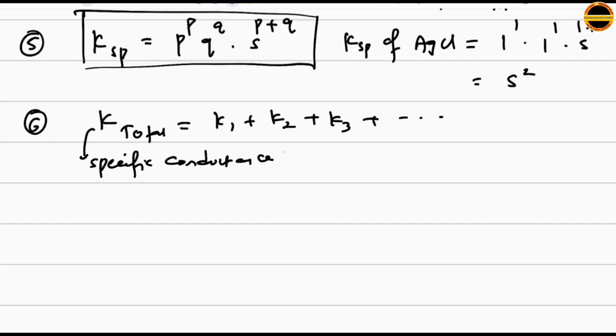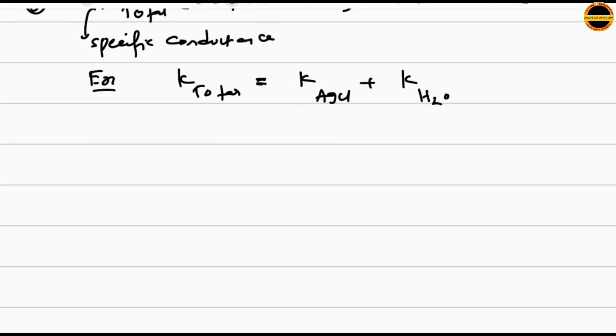For example, K total for AgCl solution, you can write K total of AgCl plus K total of H2O, because it is an additive property, you can add and write. Okay. Next.